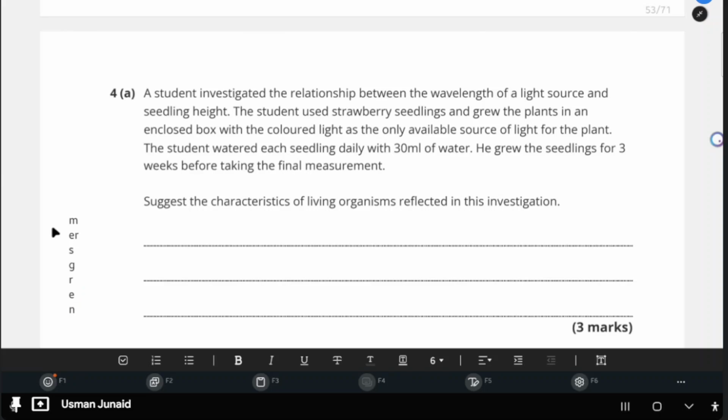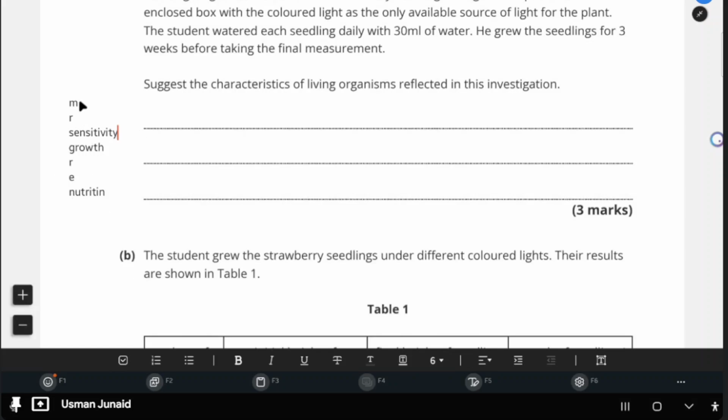Which features of living organisms can be seen in this investigation? Growth, obviously. Yeah. Nutrition. Yeah. And we can say sensitivity as well. Okay. So these three, and we can also say movement to an extent.